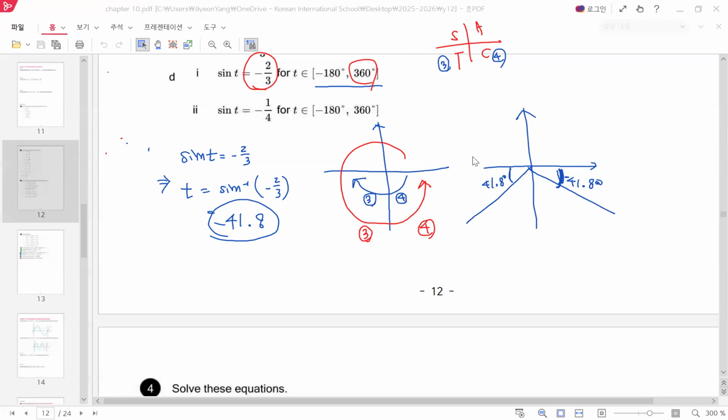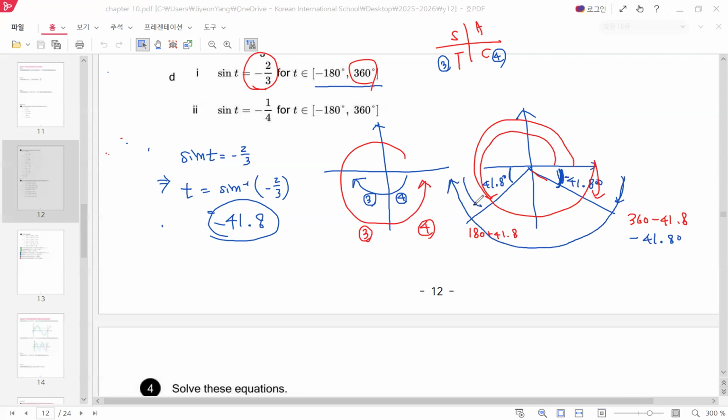Let's read this angle from the positive direction first. So 180 plus. And then this line, 360 minus. Negative direction. And this one, negative 41.8 degrees. And negative direction, negative 180 and then plus, right? Negative 180 plus 41.8 degrees.